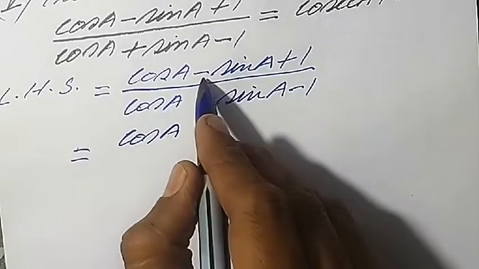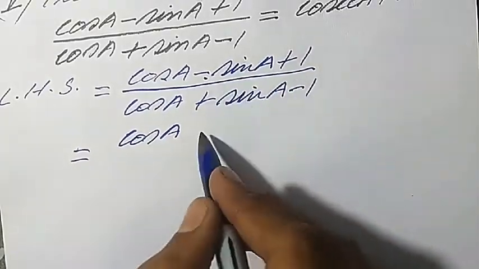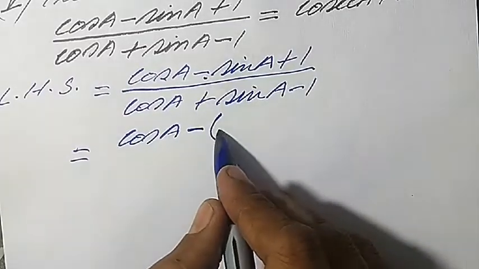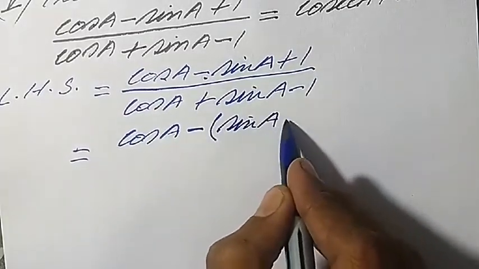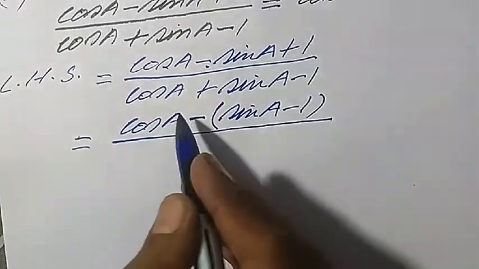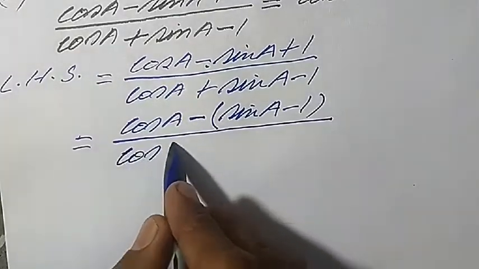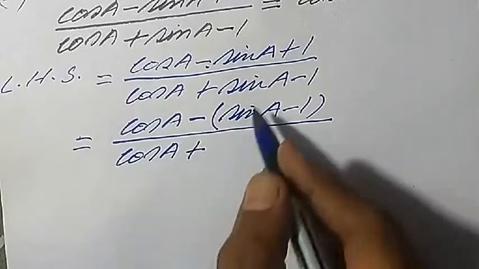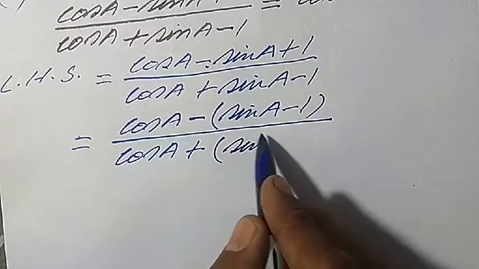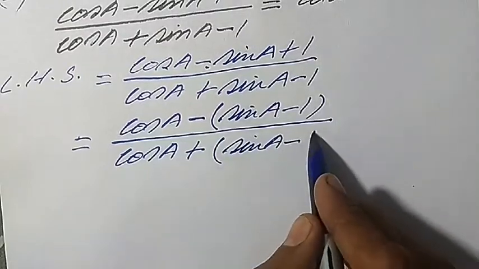If we take minus common out of these two terms, we may write them as minus bracket sine A minus 1, divided by, in the denominator, cos A as it is, plus, and we may write these two terms in the bracket as sine A minus 1.